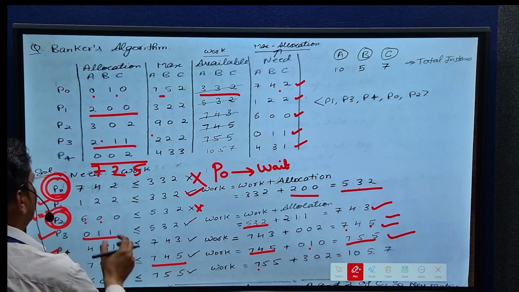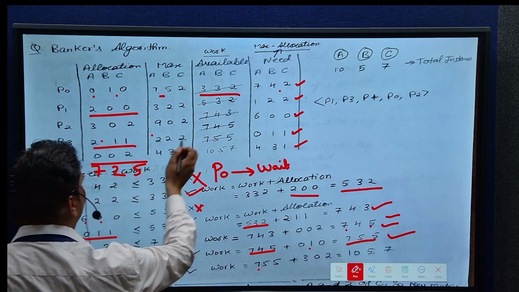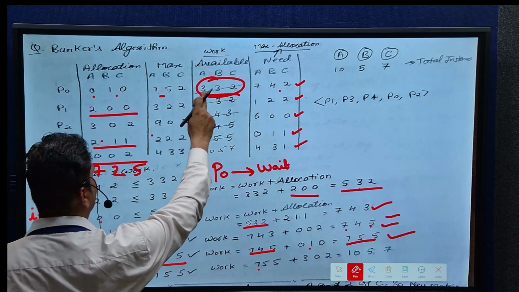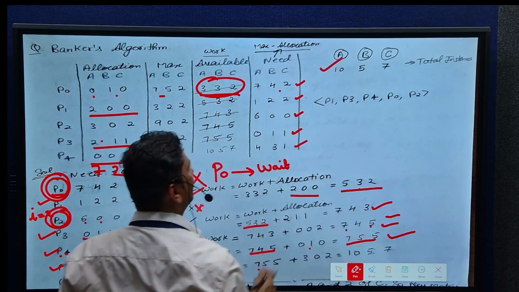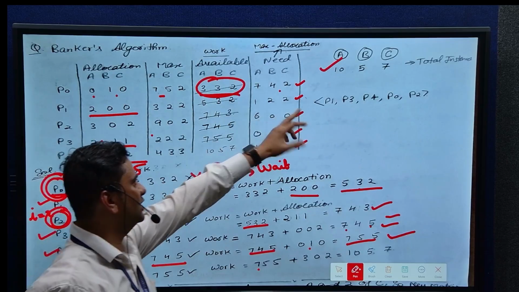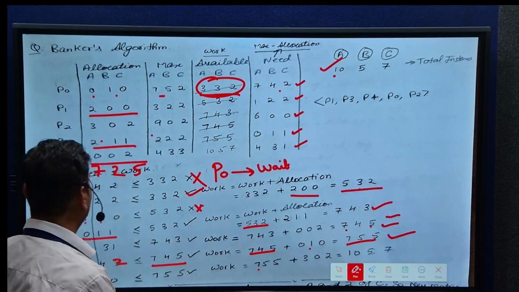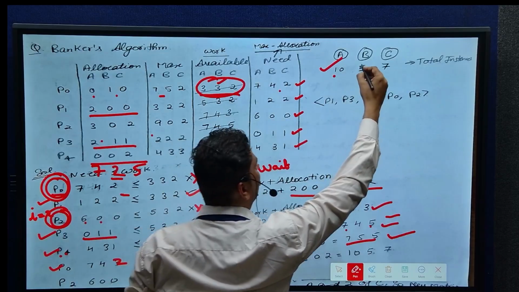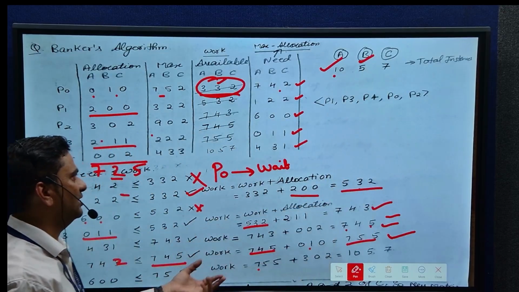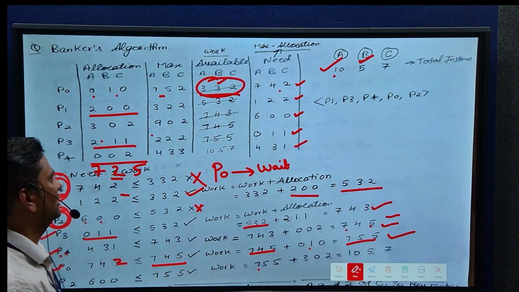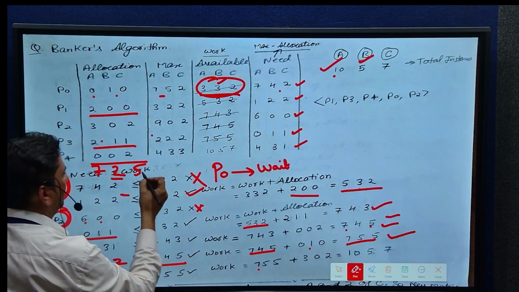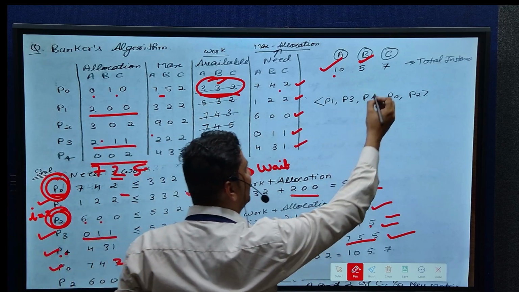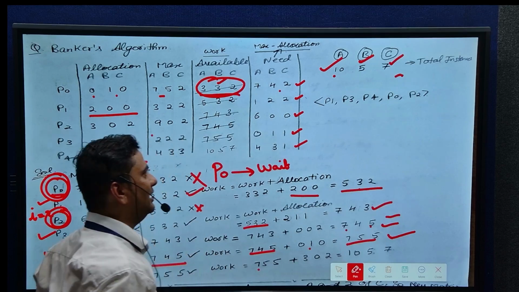If we add this allocation with the available given in the question, that means 7 plus 3 is 10. Total A type resources which the system is holding is 10. 2 plus 3 is 5, total B type resources is 5. 5 plus 2, total C type resources is 7.